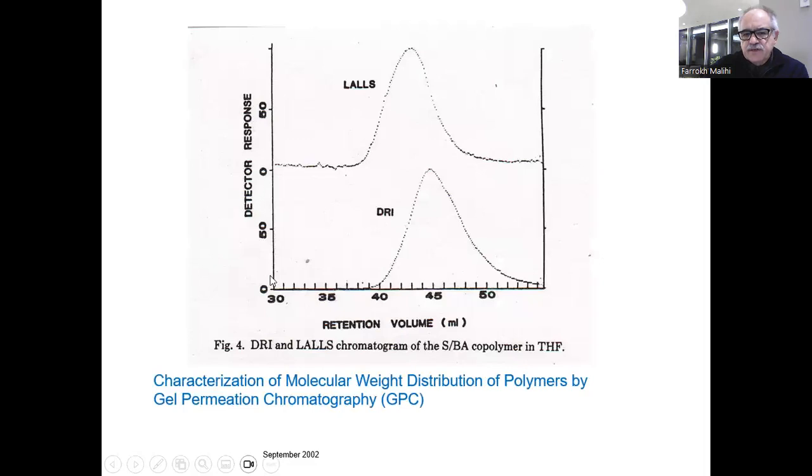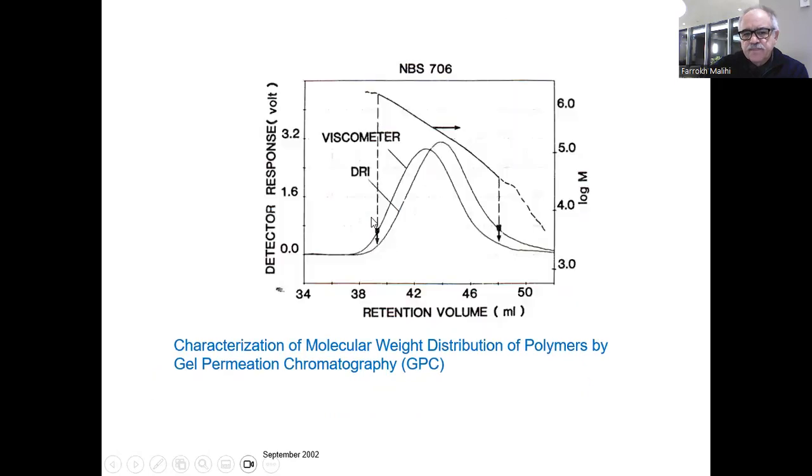Here is the chromatogram that is shown here. And basically, this is the output of the retention volumes, basically the detector response versus retention volumes for two detectors. This is the refractive index detector, and this is the low angle light scattering detector, which is more sensitive to higher molecular weight.